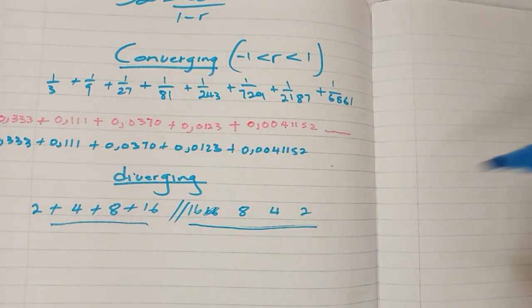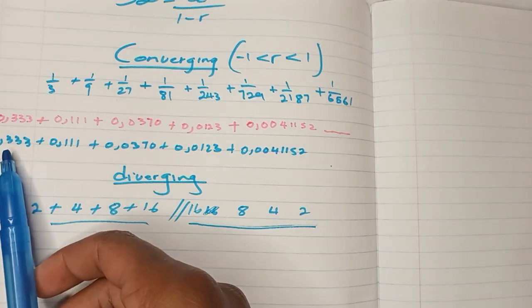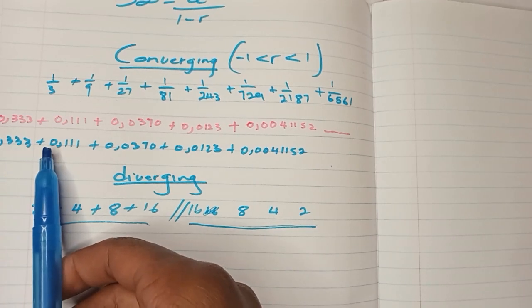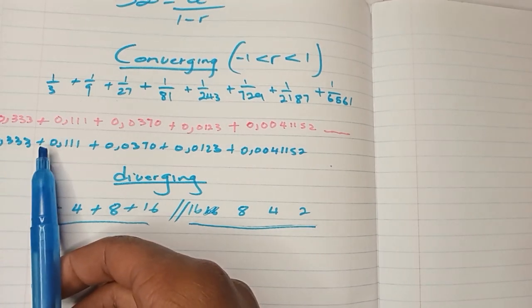Let me tell you what is going on here. The numbers after the comma are getting lesser and lesser to the point where they make no difference. Just like I told you. I mean, look at it. It started from 0.333, that is 1 over 3, right? And 1 over 9 became 0,111.